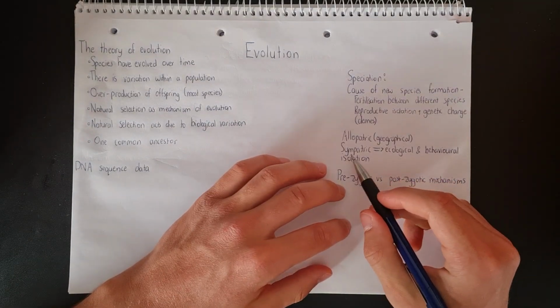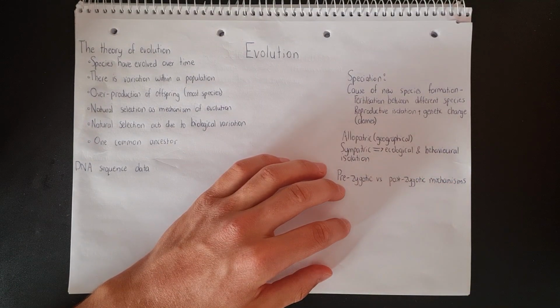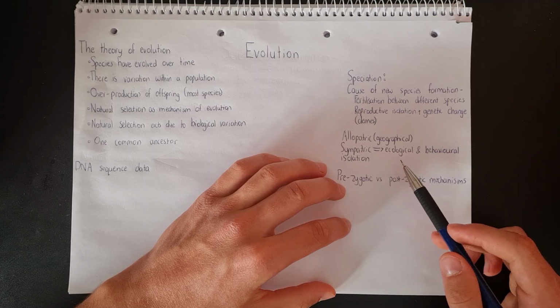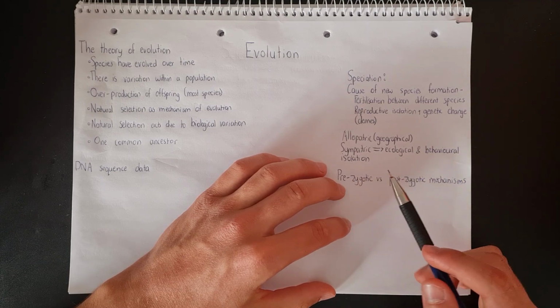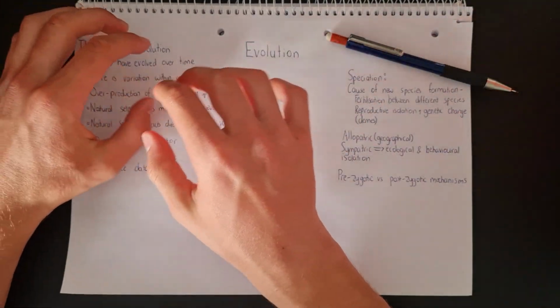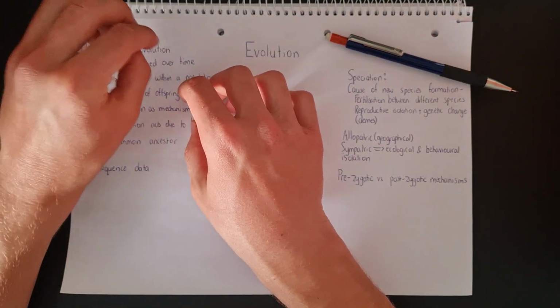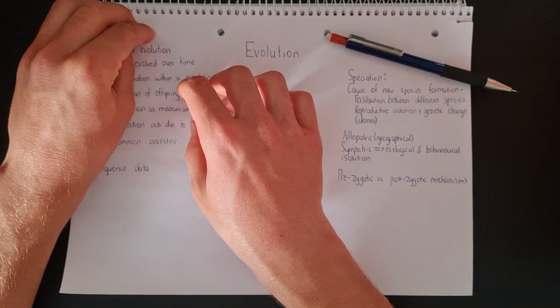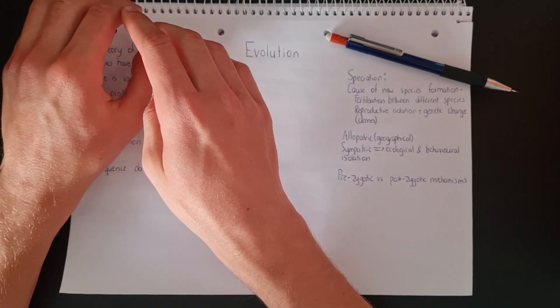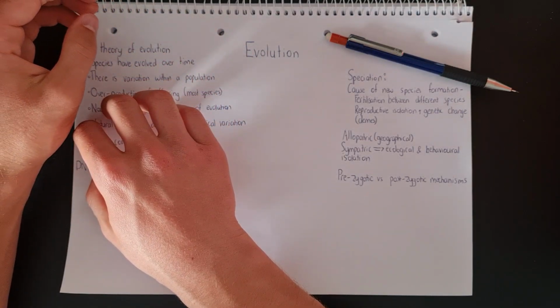Now let's take a look at sympatric isolation. Sympatric isolation is the reproductive isolation that occurs despite the individuals living in the same area. There are two types: ecological and behavioral isolation. Ecological isolation is when individuals living in the same area will occupy a unique microhabitat, which will have its own specific climate, maybe a little bit of a different food source than the other individuals.